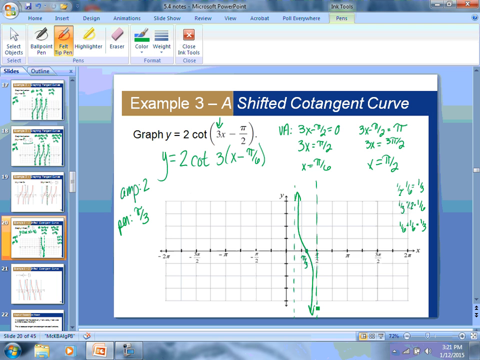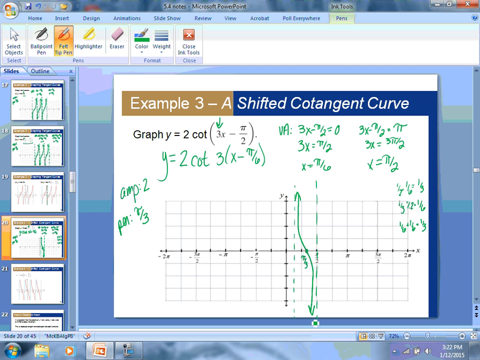It's going to be more obvious, like if your amplitude was 5 or 10, that would have a really skinny graph. Or if your amplitude was 1/4, that would come down really, really far and then get really close to the x-axis and then come down sharply. So an amplitude of 2, try and stretch it just a little.